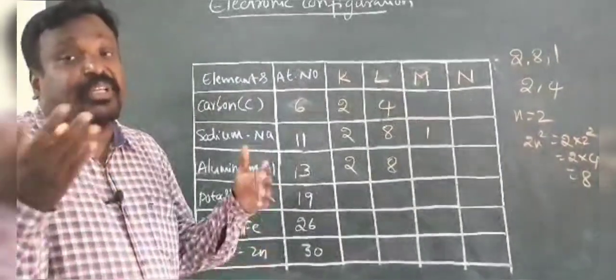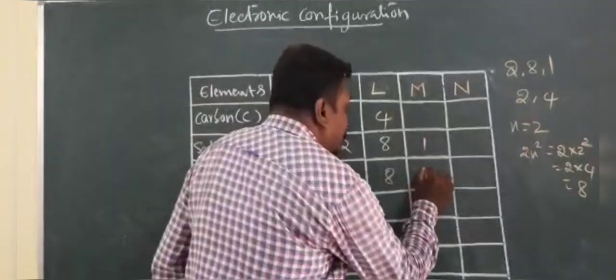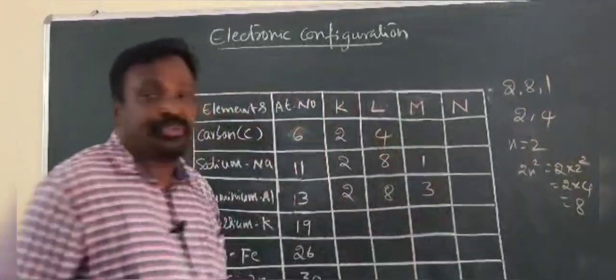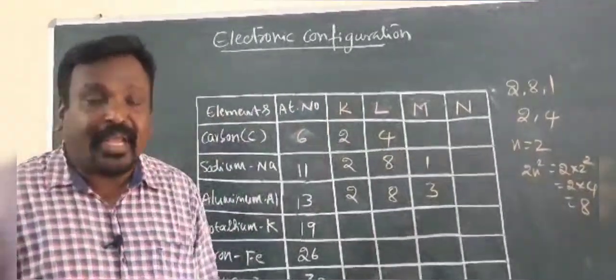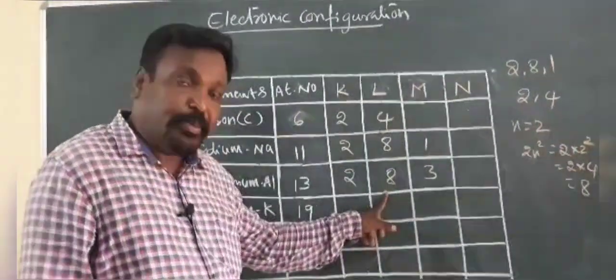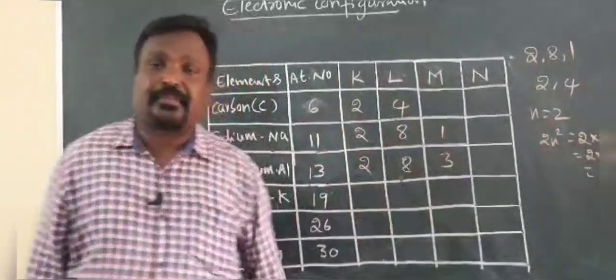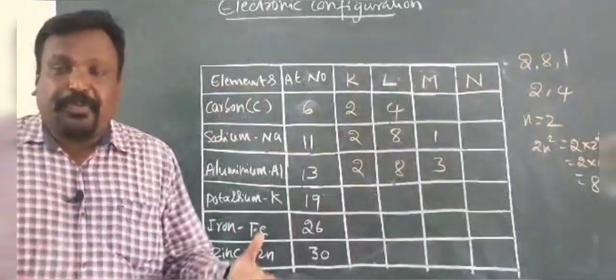Now, where do the rest of the electrons go? There are 3 electrons. So, these 3 electrons go to M shell. Now, the electronic configuration of aluminum is 2, 8, 3. Hope you have understood.